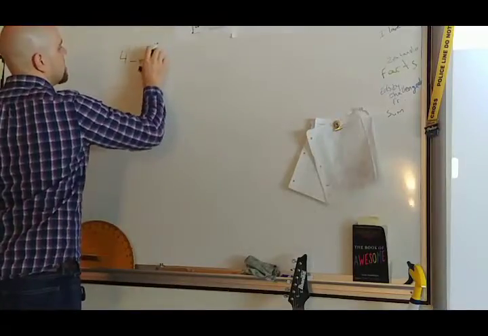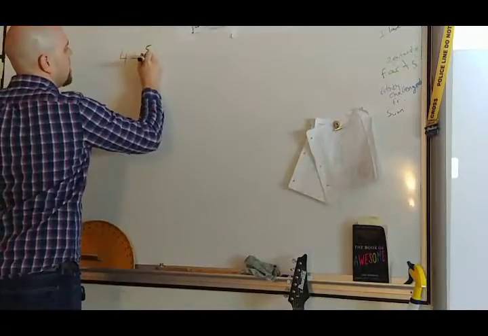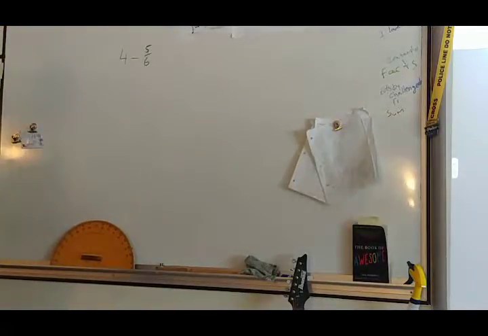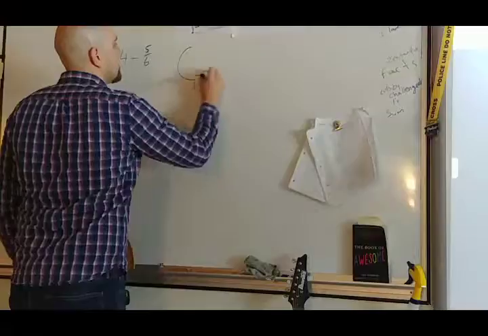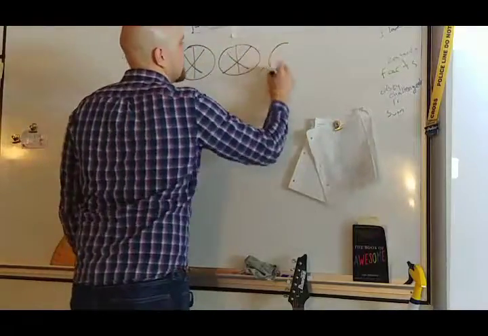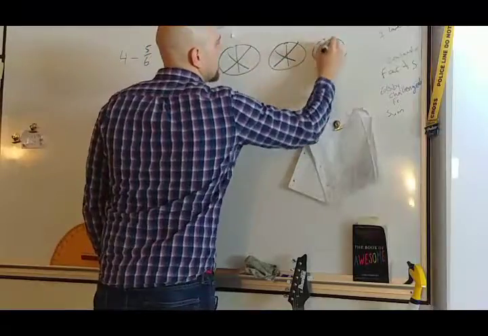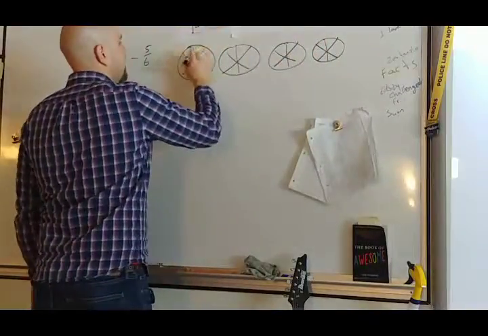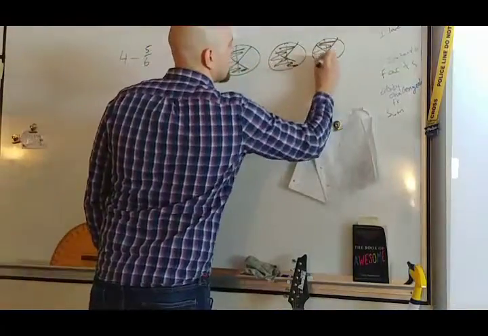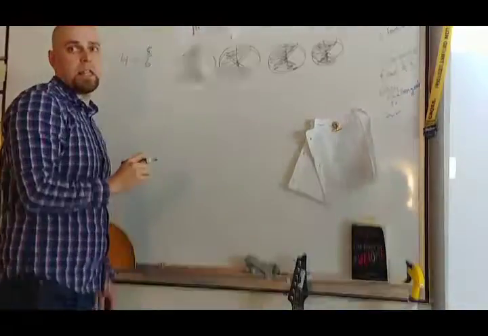Oops, I should write that a little better. I'm going to do this a number of different ways. It says use circles. All right, I'm going to use circles. Here it is. 6. And I've got 5/6. Like this. 1, 2, 3, 4 pieces left.